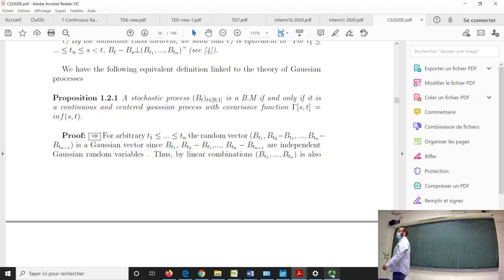I repeat that if you are in R squared, you have a point with coordinates x, y, meaning that you consider the classical orthonormal basis of R squared. The square of the norm is just the square of this one plus the square of this one, that is x squared plus y squared. It's just the analogue of this one in infinite dimension.